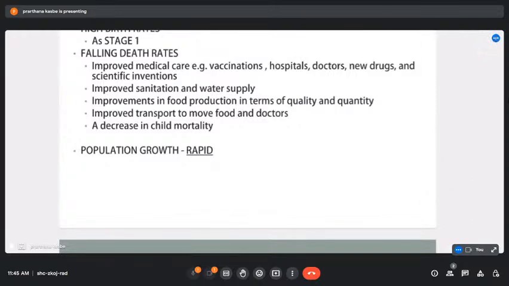Then the transport is available to move food or doctors also, and the mortality rate of the child is decreasing in the particular stage.